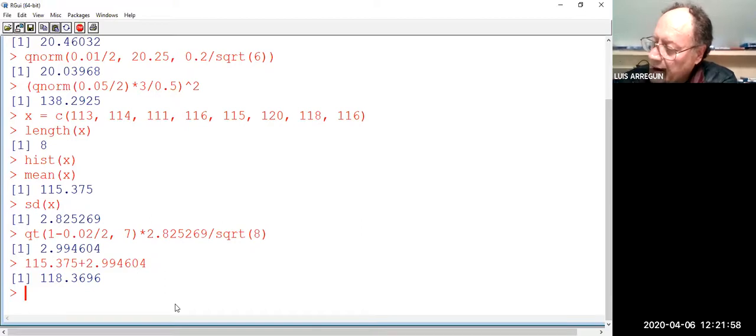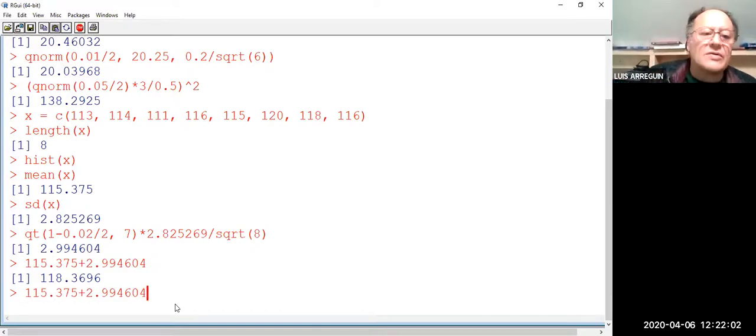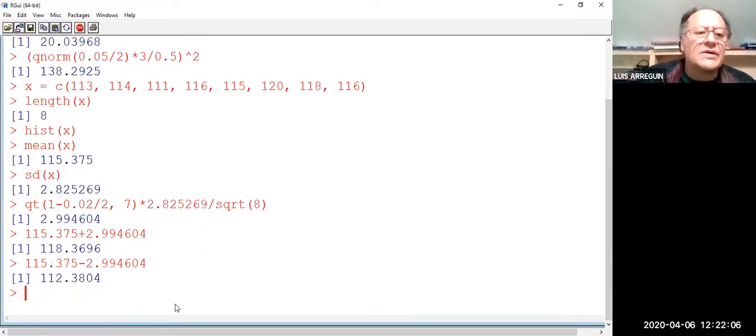My lower value is going to be the mean minus the margin of error. So it is this computation with minus here. So the lower limit is 112.3804. So I'm just copying this information for your notes.